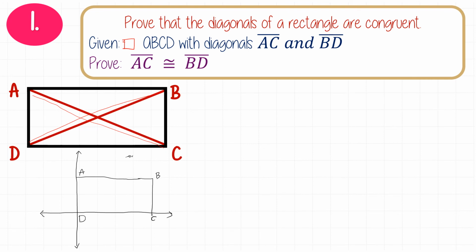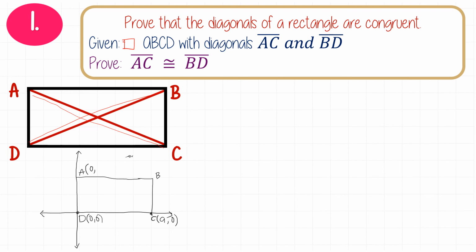Next step is to name the coordinates. Ayan. Siyempre, si D ay nasa origin. So, ito ay 0, 0. Next, si C. Si C, since umipod yung kanyang x component, pwede tayong gumamit ng variable A. Yan. And then 0 si Y. And then si A, since hindi naman siya umipod sa x-axis, ito ay 0.